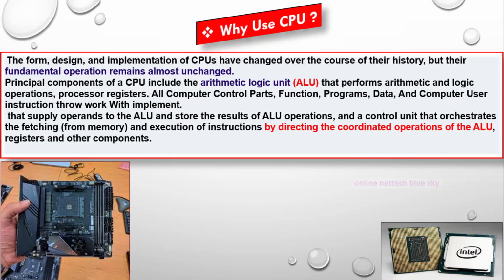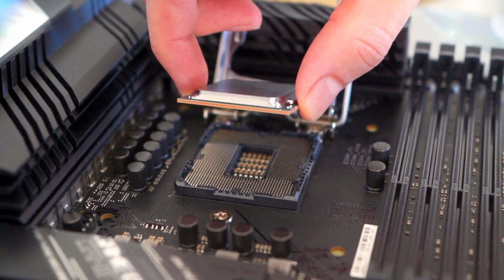You are using a motherboard from some company. So I'm just showing a motherboard here at this time. You can see my CPU set here. This is a modern type of motherboard.